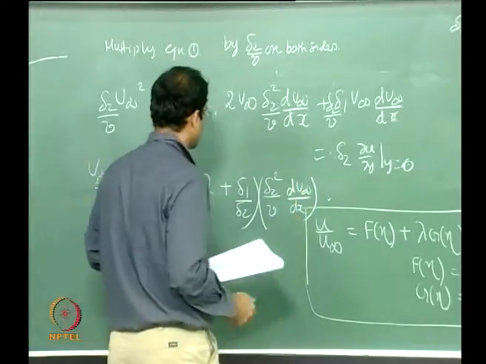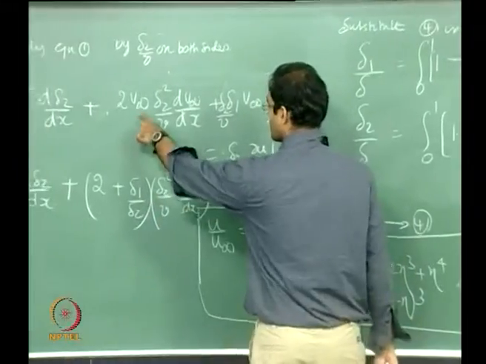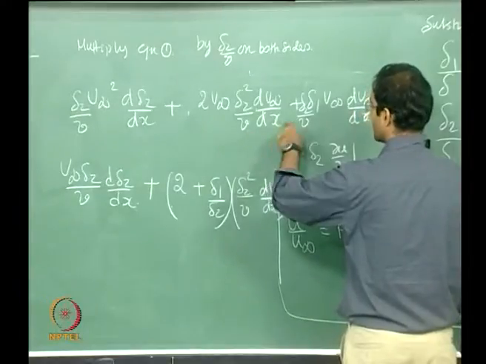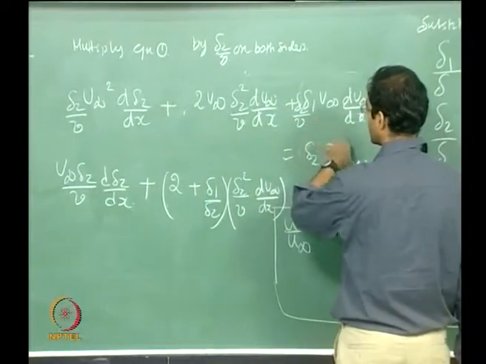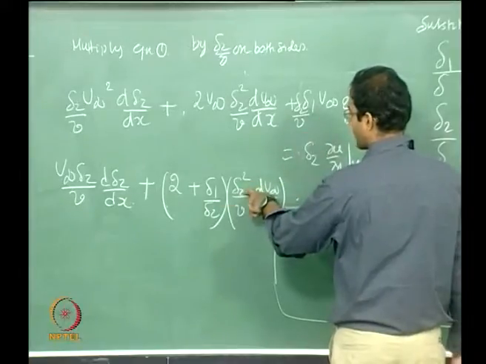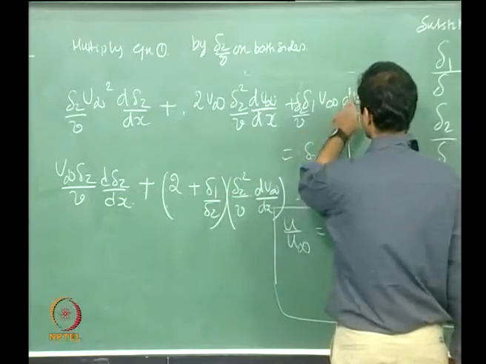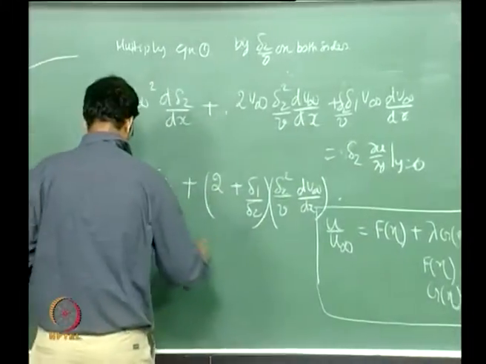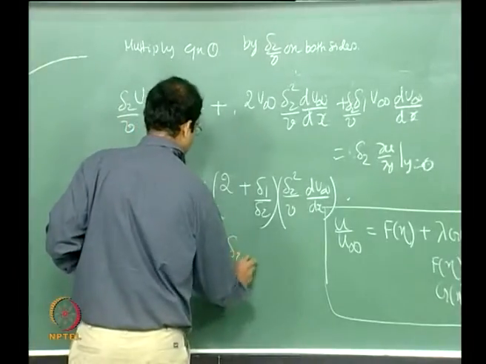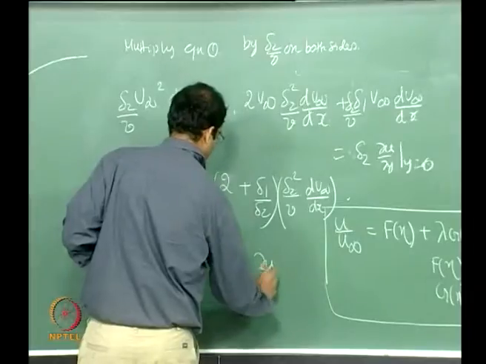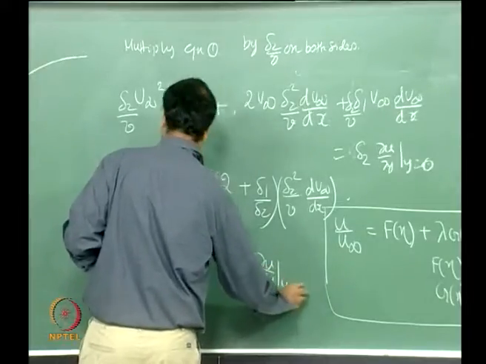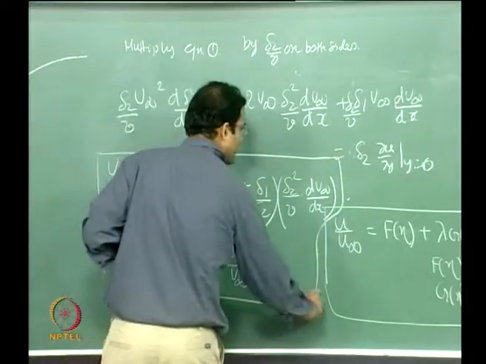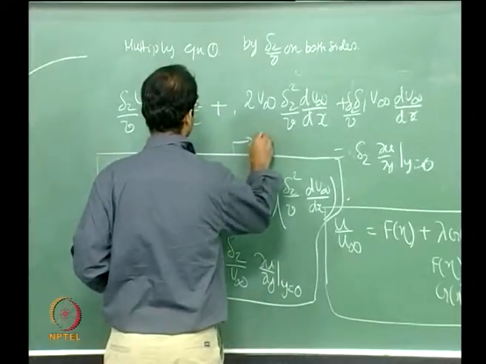So the first term will be twice delta 2 square by nu into du infinity by dx. The third term, delta 2 cancels, so this is delta 1 delta 2 by nu into du infinity by dx. Okay, it is just a little bit of rewriting. On the right hand side I have delta 2 by u infinity into du by dx. Okay, now this is my slightly modified form of the momentum integral equation, which I will number as number 7.